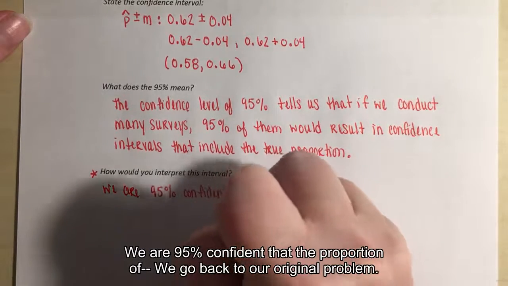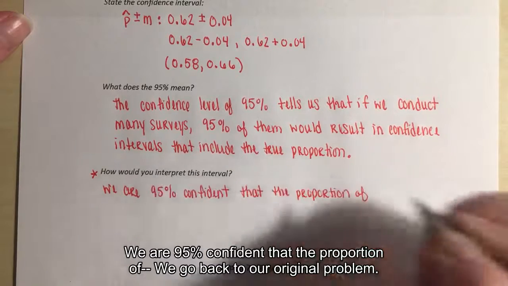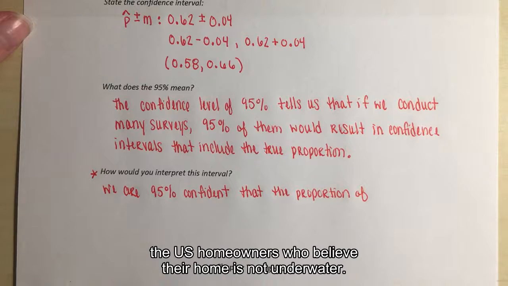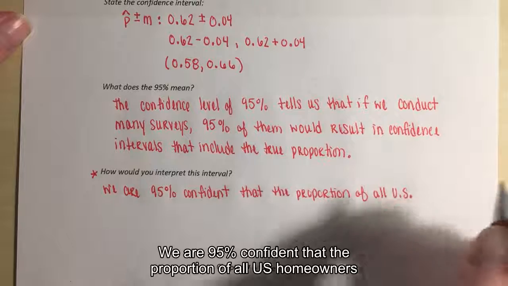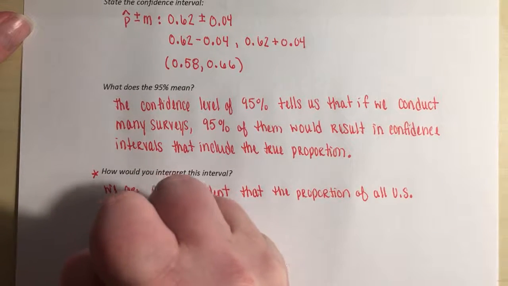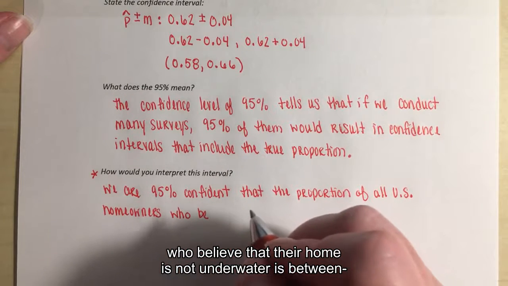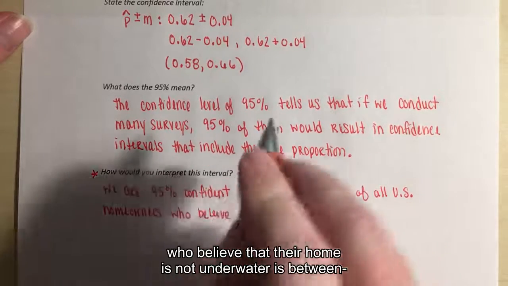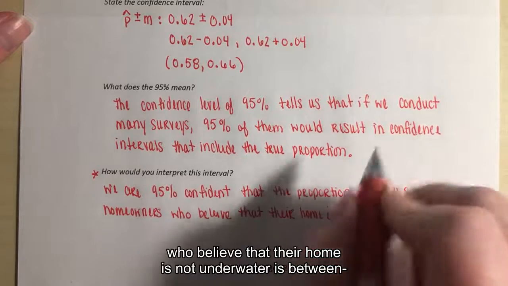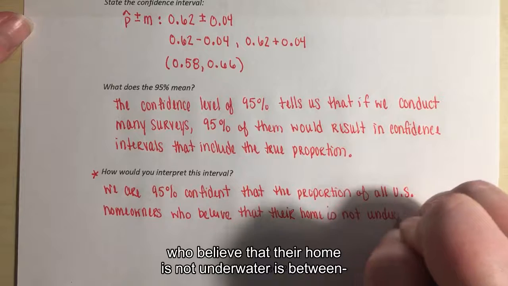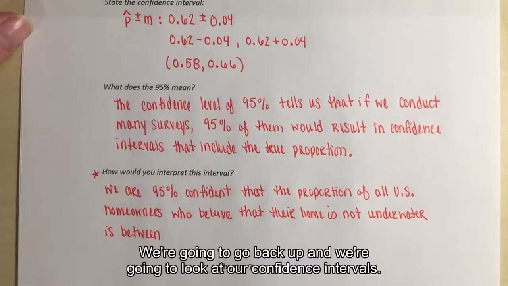So we are 95% confident that the proportion of all U.S. homeowners who believe that their home is not underwater is between, and we go back up and look at our confidence interval.